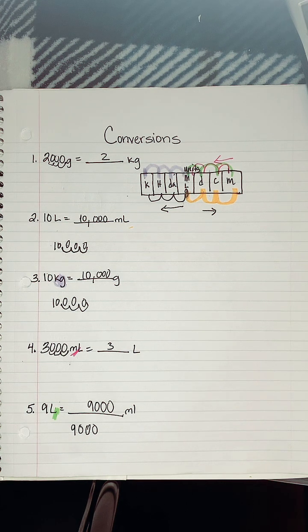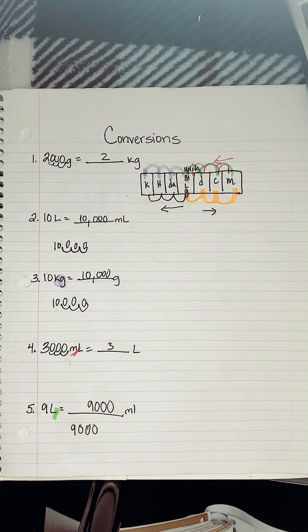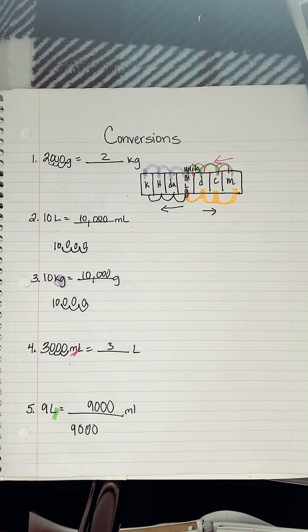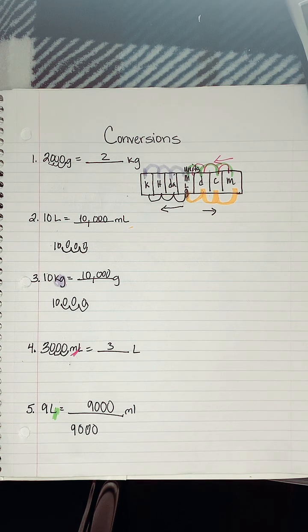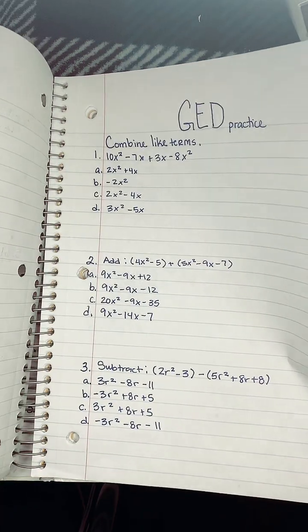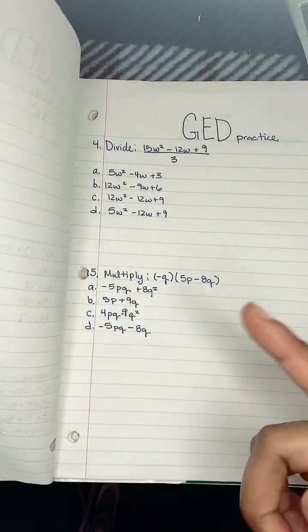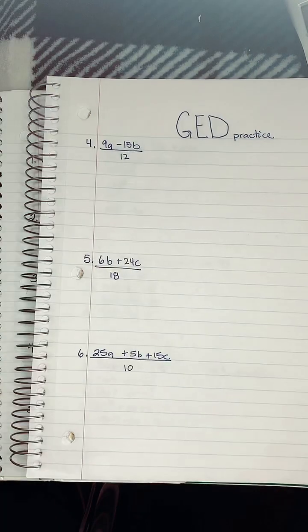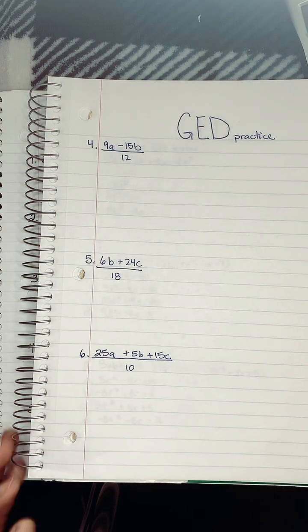I have a few more problems on the GED test that I needed to finish up from the last live. We got into division, so this is where we're going to be starting next, and then some multiple choice problems just like you see on the GED. So we'll continue with that.